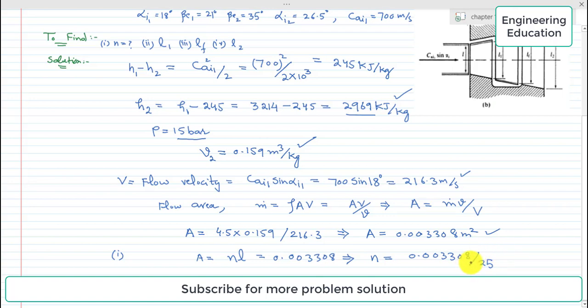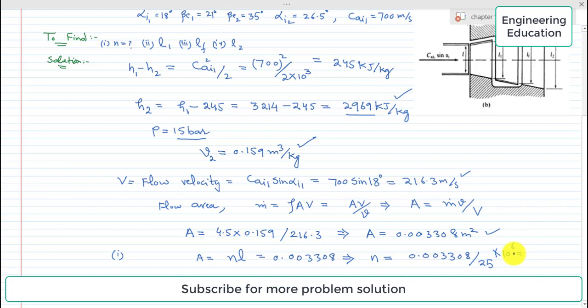also converting it into millimeter, so we can multiply a factor of 10 raised to power 6 with this to calculate the value in millimeter.